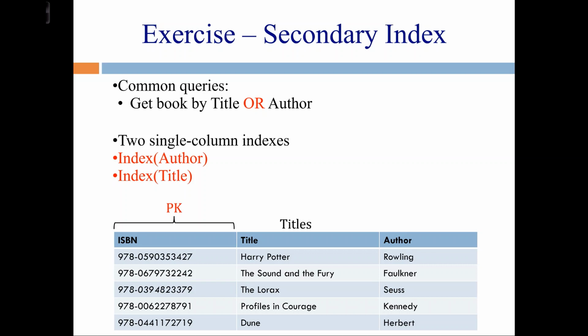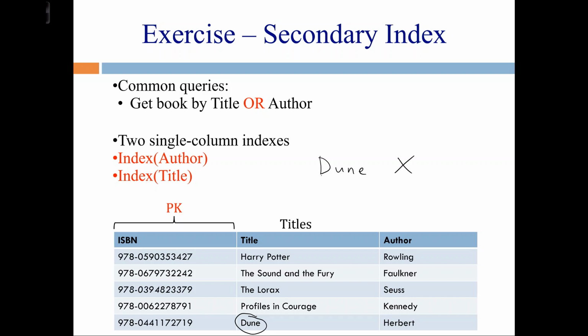Or if we did it the other way around, we could start with author, and if we don't find it, we would need to go and look for any book with the right title. So using these two indexes, let's say we're searching for title Dune or author X. We can use the title index to quickly look through the titles column for Dune. We will find it, and we're done.